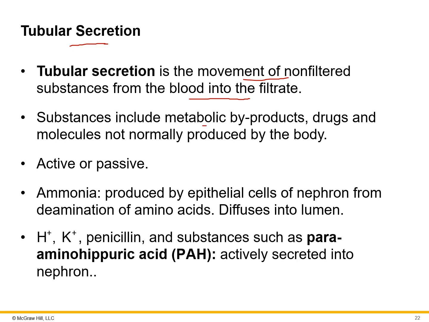These are things from metabolic byproducts, so during liver metabolism, drugs are secreted, as well as some other molecules not normally made by the body. This can be active or passive. Some of them include ammonia. This is produced by our epithelial cells during the deamination of amino acids. Most of the time it gets converted to urea, but sometimes it is ammonia, and that would get secreted by diffusion.